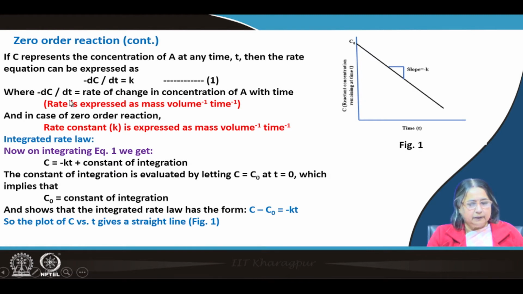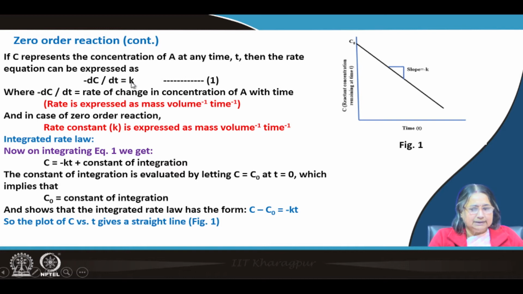Now, the rate of change of concentration of A with time, as I already told, is the rate. Rate will always be expressed in terms of mass per volume per time, and it is up to you what units you will use for volume, time and mass.